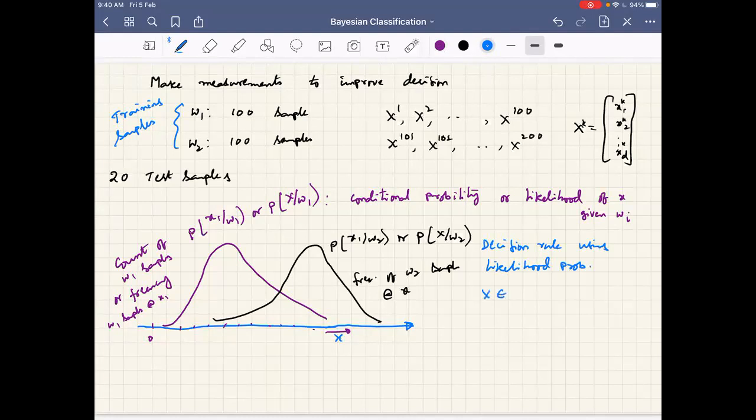X belongs to omega 1 when? Let us start with two classes and then extend our decision rules to multi-class. Argmax of P of omega i given X. Okay, so I just want X to belong to omega 1 if what?